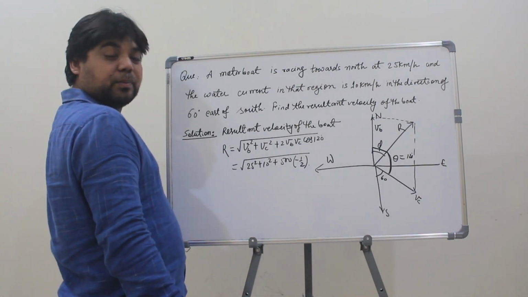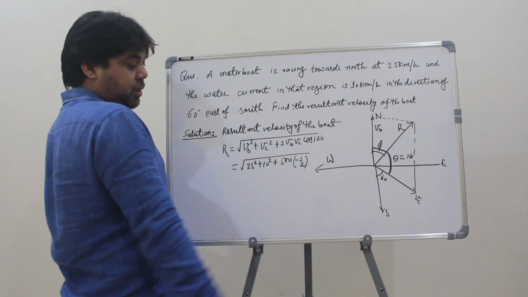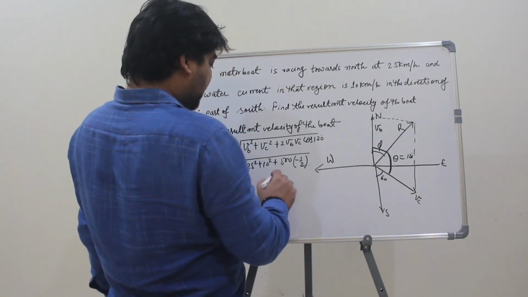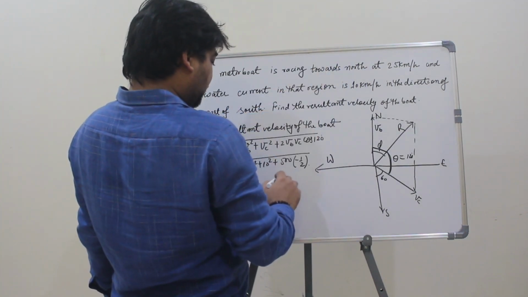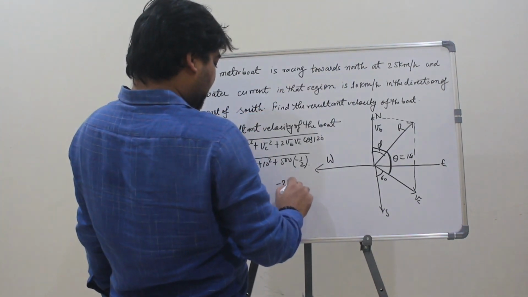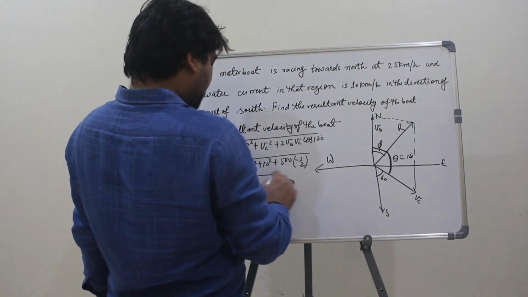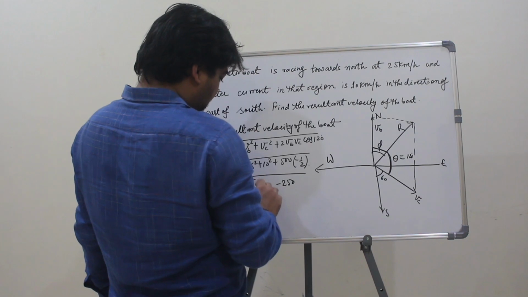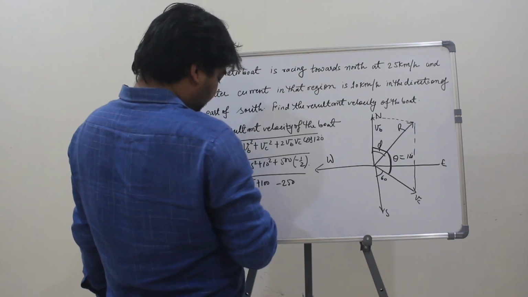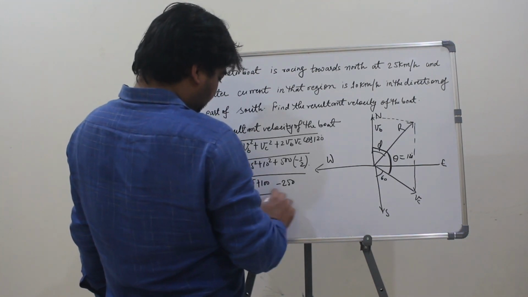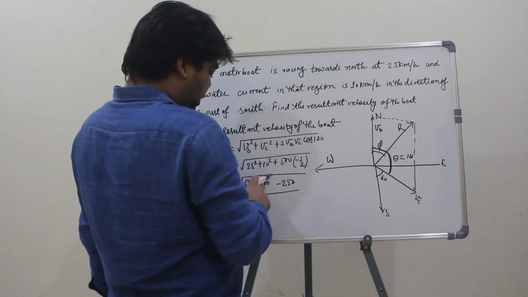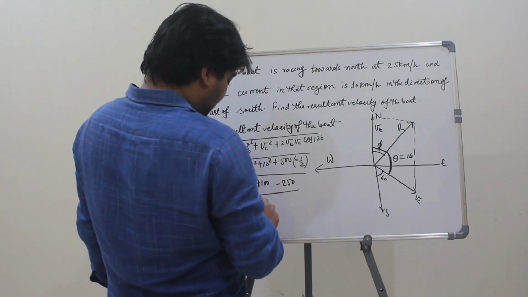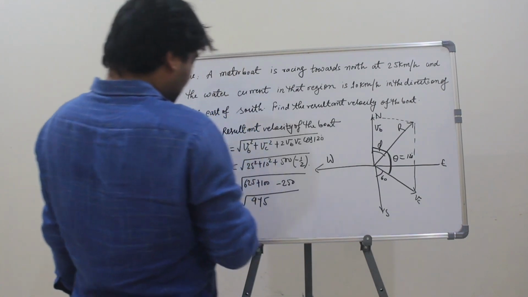Which is cos 60 degree. Minus cos 60 degree, right? So it gives you minus 250, and this is 625 plus 100. The 625 plus 100 is 725 minus 250, right? Is 475. Right?